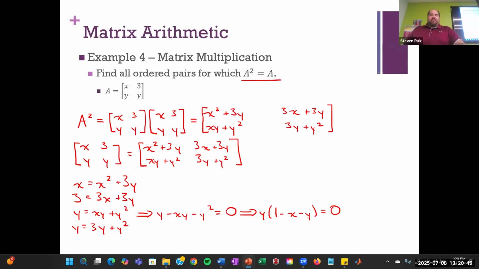So now that I have two factors multiplied together equaling 0, what's going to make this whole thing equal to 0? Really, if either part of it is equal to 0. So y equals 0 is something I can look at. 1 minus x minus y is another condition.